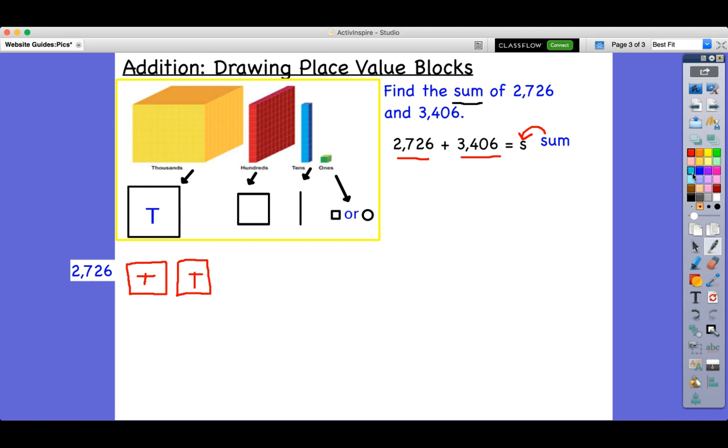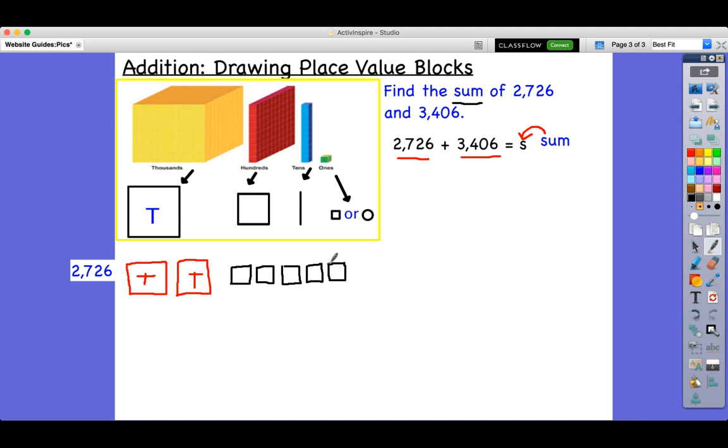I am going to do a different color for the computer just so we can see it a little better. And I have 700. So I have 100, 200, 300, 400, 500.